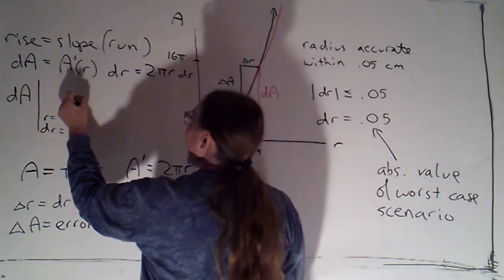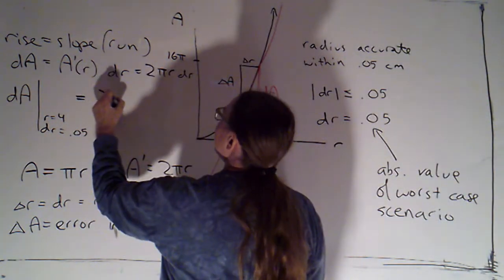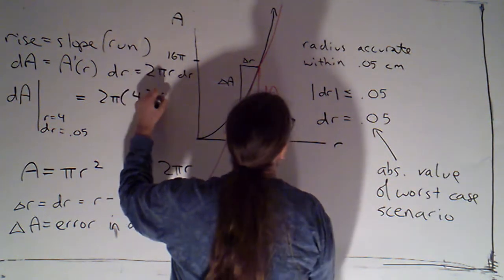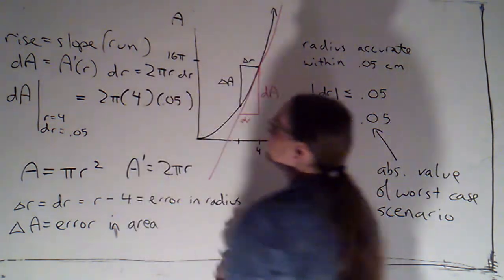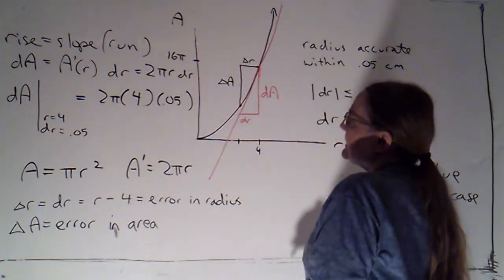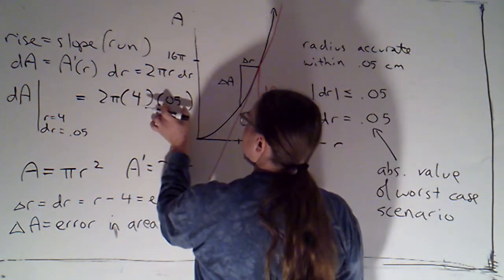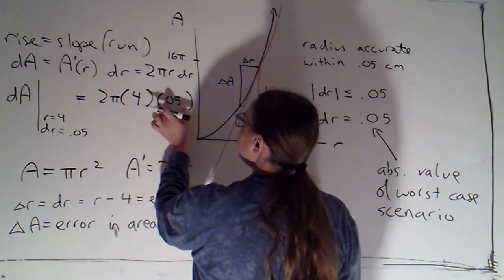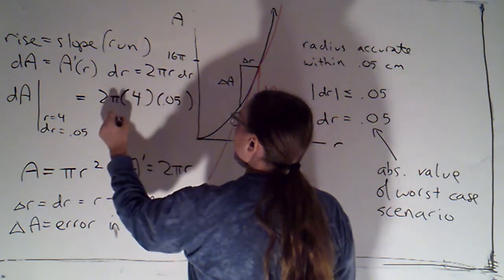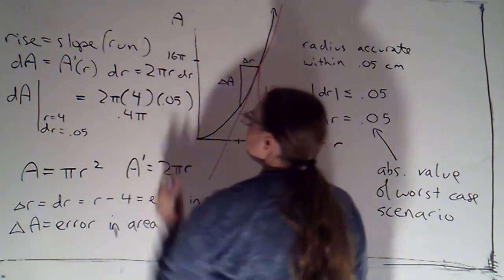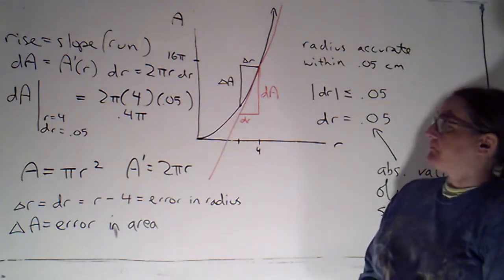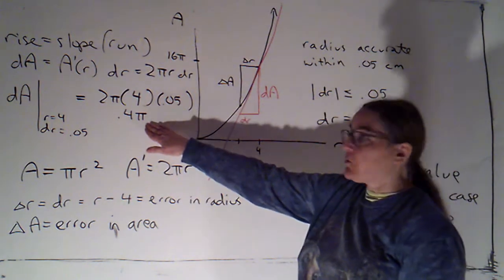So now, if I plug in 4 for r and 0.05 for dr, let's see what we get. We're going to have 8 times 0.05, that's going to be 0.4 times pi. Okay. That would be square centimeters.